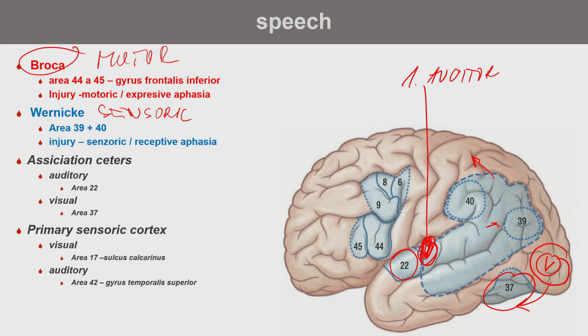Both centers are connected together with this band of white matter, and sometimes the patient could also have bleeding or ischemia here, and then those centers are disconnected. So this is another part of the problem. When you have the problem here, this is called motor aphasia, motor or expressive.